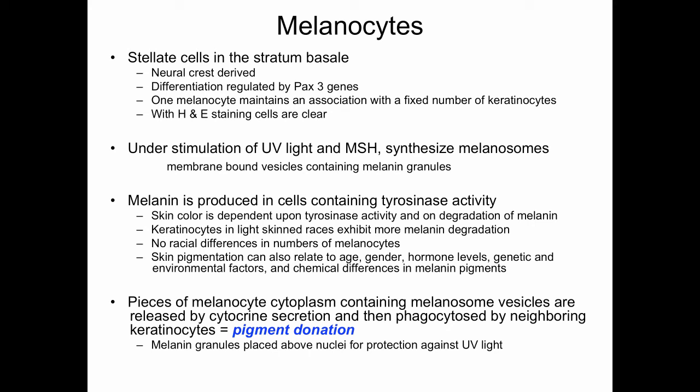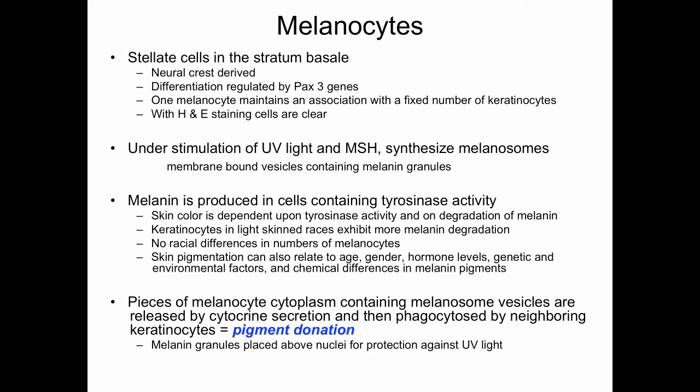It turns out that skin color is dependent on tyrosinase activity and on degradation of melanin. Keratinocytes in light-skinned individuals exhibit more melanin degradation. There are actually no differences in the number of melanocytes between dark-skinned and light-skinned races.